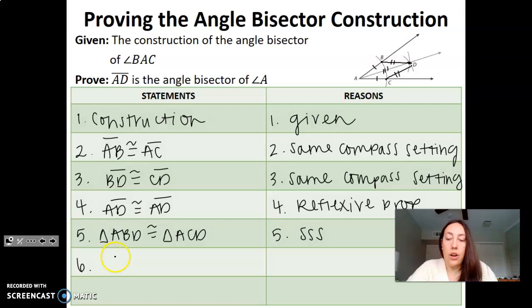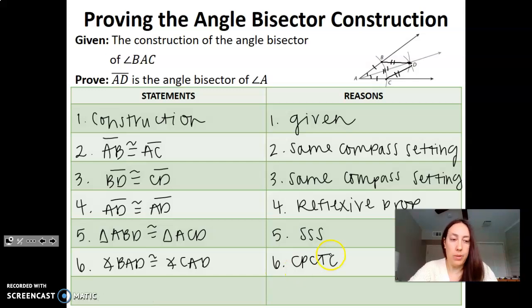So if our triangles are congruent, that means these two little angles here have to be the same. So we know that angle BAD has to be congruent to angle CAD by CPCTC. That's corresponding parts of congruent triangles are congruent. If the triangles are congruent, then all of their parts have to be congruent.